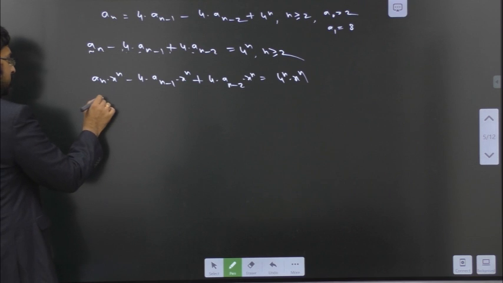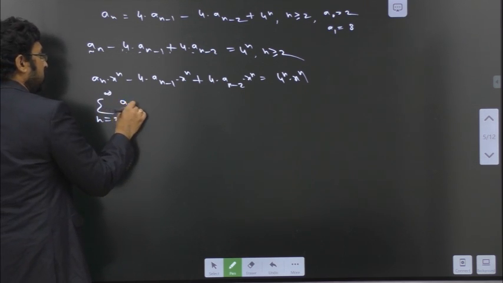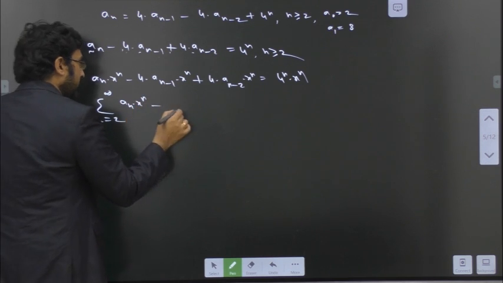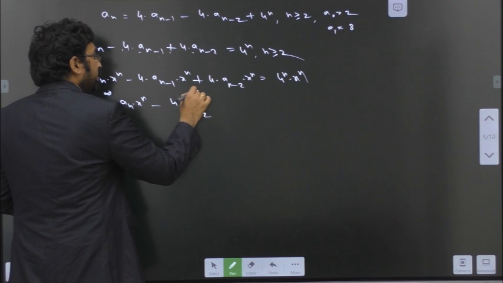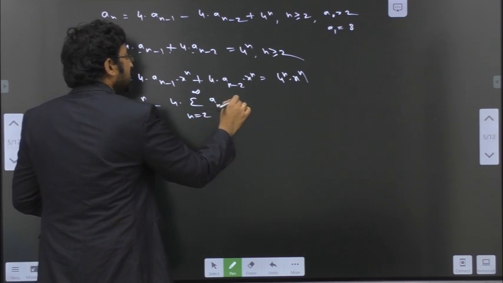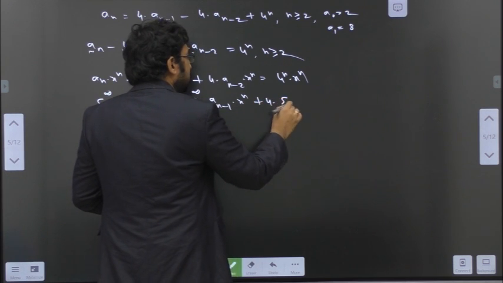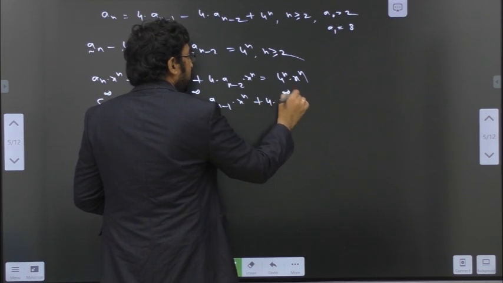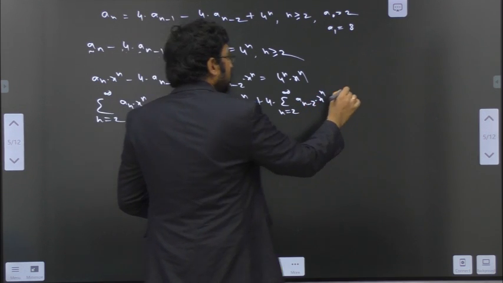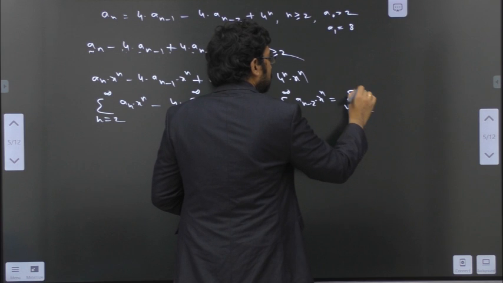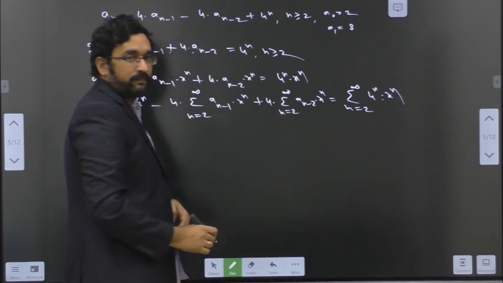So we can write as sigma n equal 2 to infinity a n into x power n minus 4 into sigma n equal 2 to infinity a n minus 1 into x power n plus 4 into sigma n equal 2 to infinity a n minus 2 into x power n equal sigma n equal 2 to infinity 4 power n into x power n.